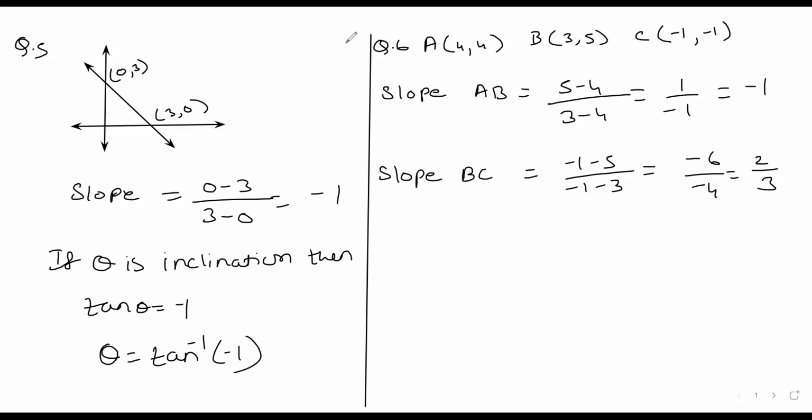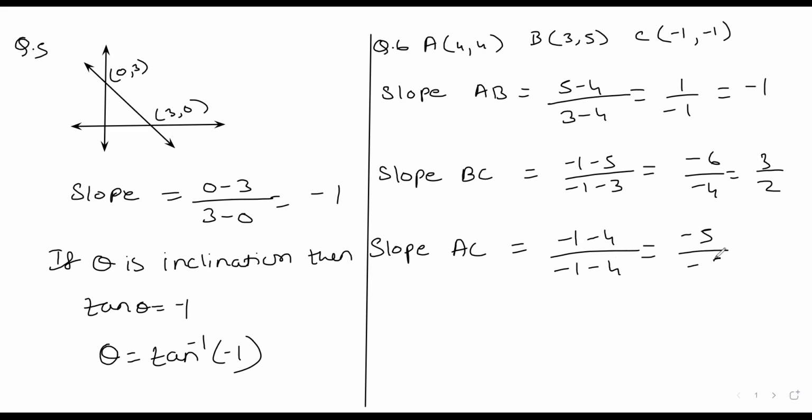Sorry, 3 by 2. Minus minus cancel. This is 3 by 2. Then we'll find slope of AC. That is -1 minus 4 upon -1 minus 4. Answer is 1.